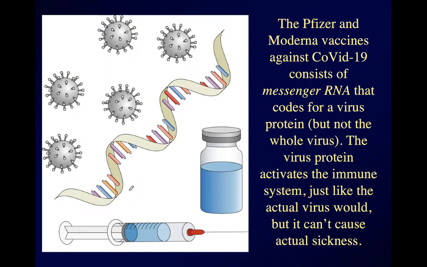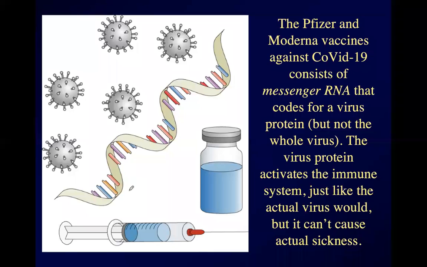The vaccines consist of messenger RNA. That messenger RNA codes for a virus protein. It doesn't code for the entire virus. So if you get the Pfizer shot or the Moderna shot, you get injected with messenger RNA. Your cells will translate that messenger RNA into virus protein, and the virus protein stimulates the immune system just like the actual virus would.